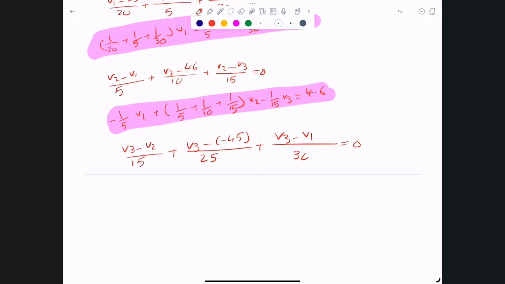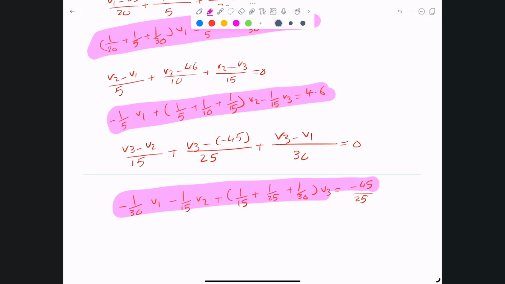So we'll clean them up. That will be negative 1 divided by 30 V1, and I believe negative 1 divided by 15 V2 plus, I think it's 1 divided by 15 plus 1 divided by 25 plus 1 divided by 30 V3 equals negative 45 divided by 25, and that will be the third equation.